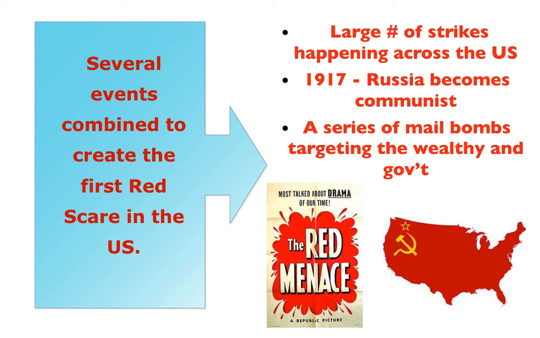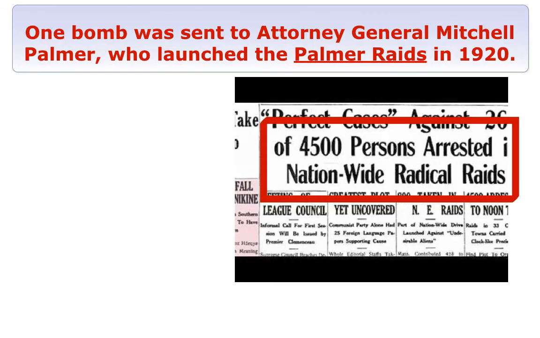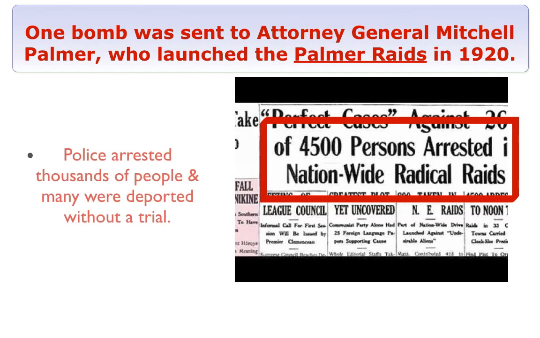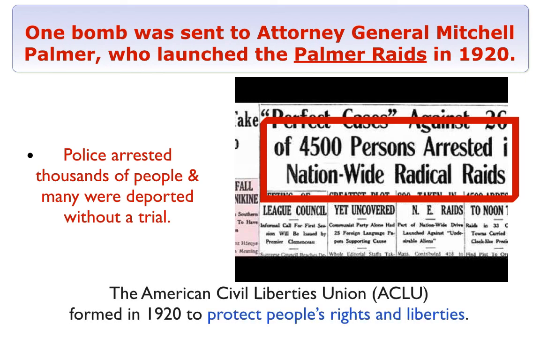This fear of communism is going to cause a growth in anti-immigrant feelings in America, and certainly increase anti-union feelings. They start to equate unions with communism and communist groups, and so people become very anti-union. Part of this is the Palmer raids.